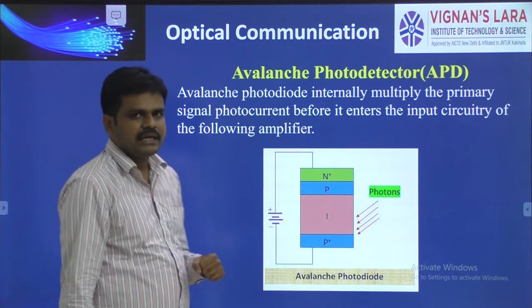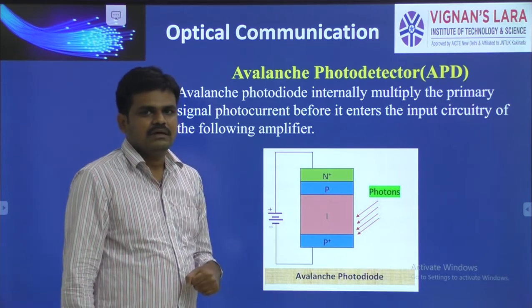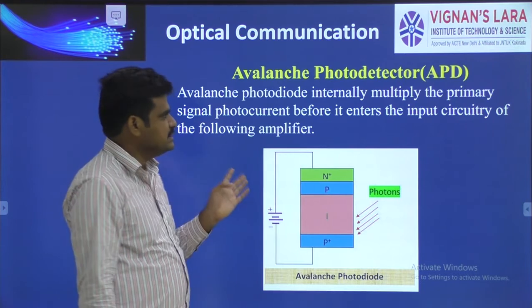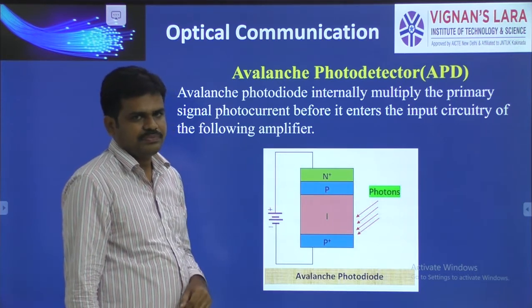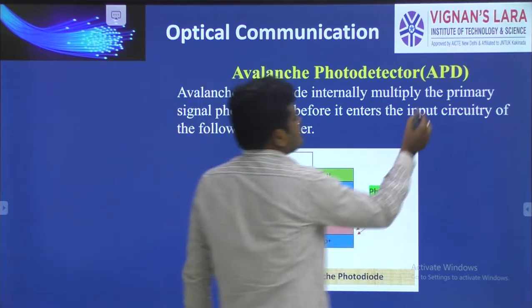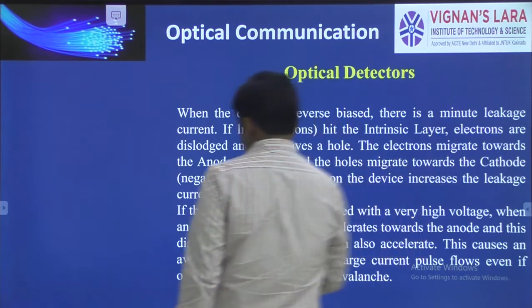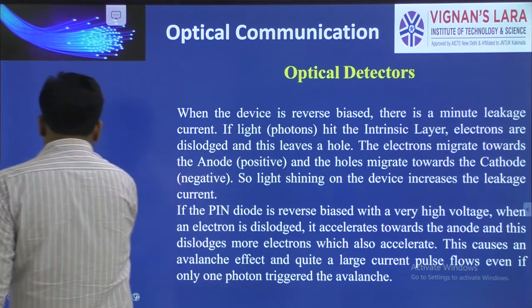The next type of photodetector or photodiode is the avalanche photodetector or avalanche photodiode. In short, it is called APD.